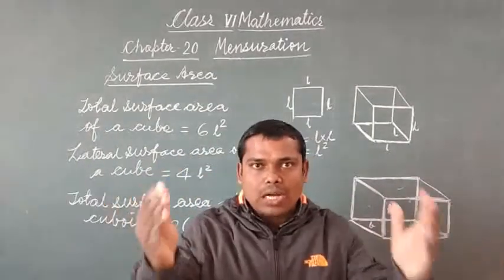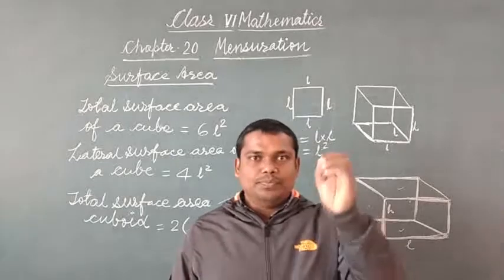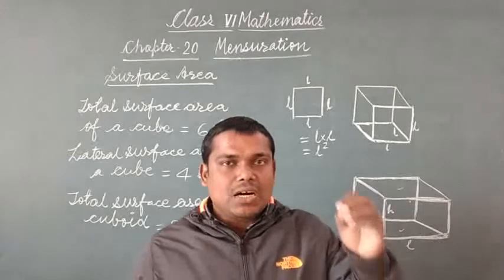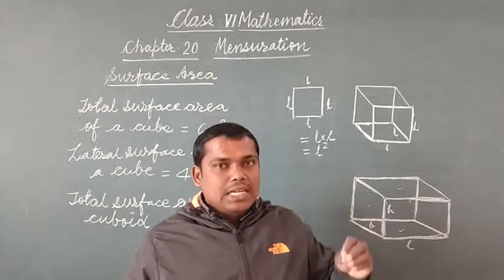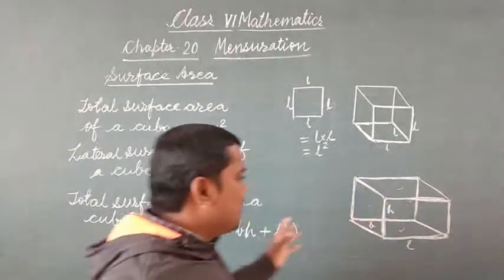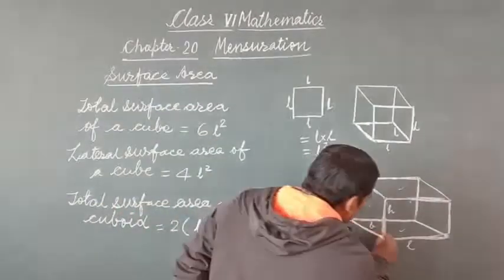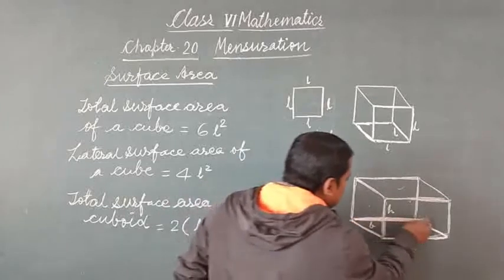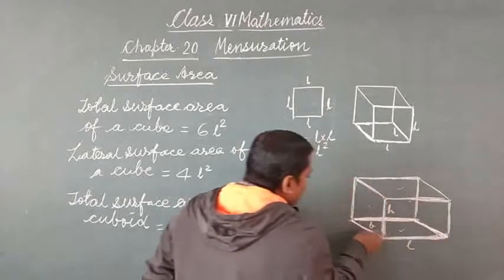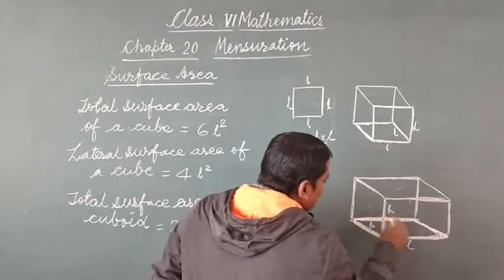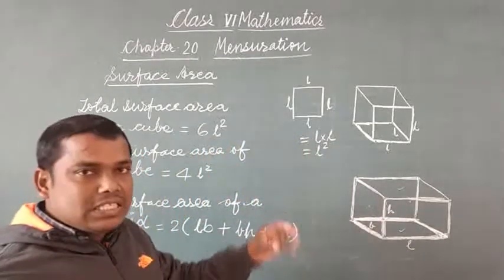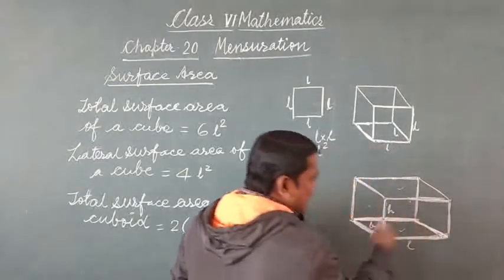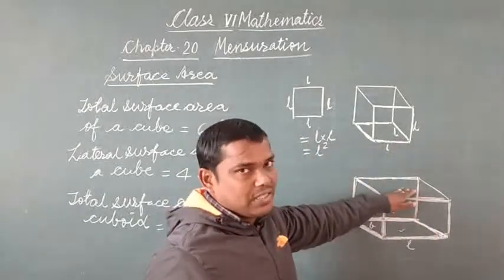As the 4 walls of a room, cuboidal room, will be the lateral surface area of the cuboid. So try to stand here. As it is the base of the cuboid, this part, it is the base. Then other 4 surfaces which are in touch with this one is this surface, front and back, not the top surface.